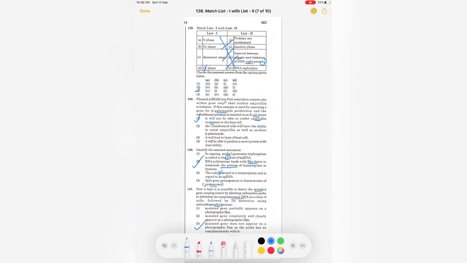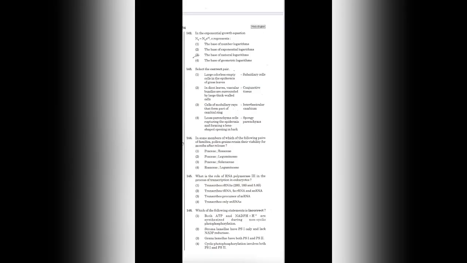The correct answer is option 2. It cannot appear on a photographic film because there is no complementarity with it. Since the cancer gene is mutated, the mutated gene does not appear on a photographic film because the probe has no complementarity with it.